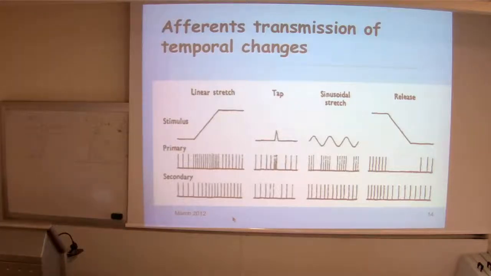We're not going to talk about that so much here, but all this information that goes through the Ia fibers is going to the brain. It goes to the spinal cord through the dorsal root ganglion, and then all the way up to the somatosensory system.